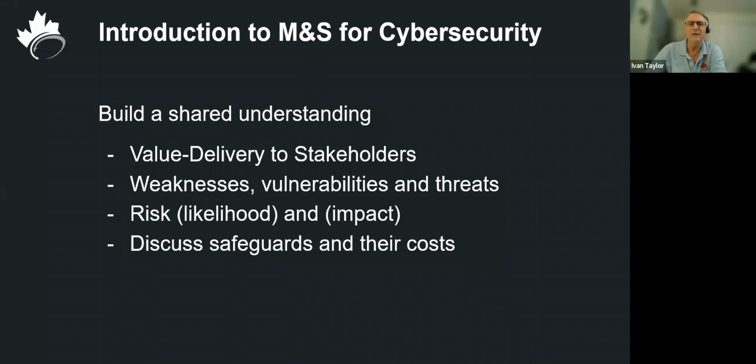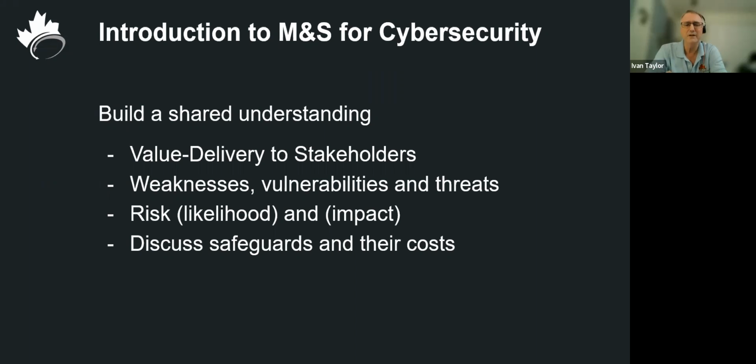So one of the major reasons to do modeling and simulation is to develop a shared understanding of the system involved. And so some of the aspects of this shared understanding for all stakeholders in the system is the idea of, what's the product of the system, what's the value delivered by the system.